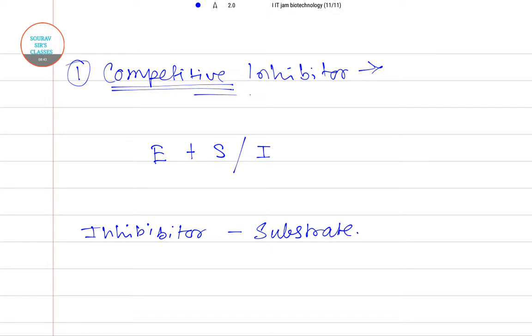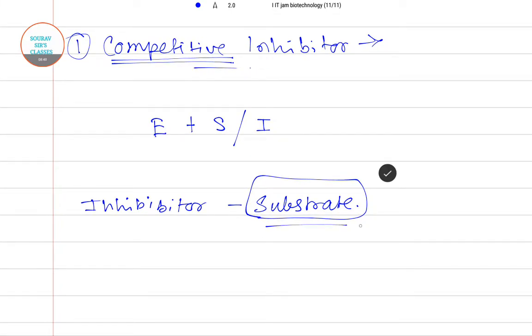But if we just increase the concentration of the substrate in this reaction, then the substrate will only bind to the enzyme. Otherwise there is very much competition between the inhibitor and the substrate.